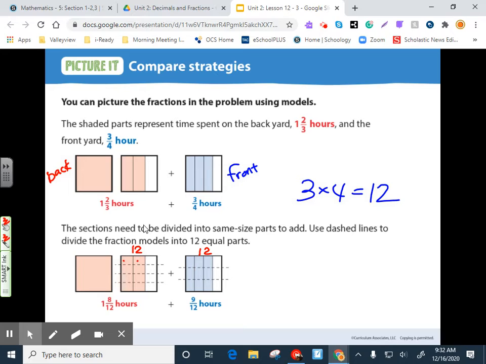This is 1, 2, 3, 4, 5, 6, 7, 8, 8/12. And this is 1, 2, 3, 4, 5, 6, 7, 8, 9. That's 9/12. And if we added those up, we would have 1 and 17/12. But we know that that's actually 2 and 5/12 because we converted this mixed number. All right, so that's one way to do it. Draw a model and figure that out.